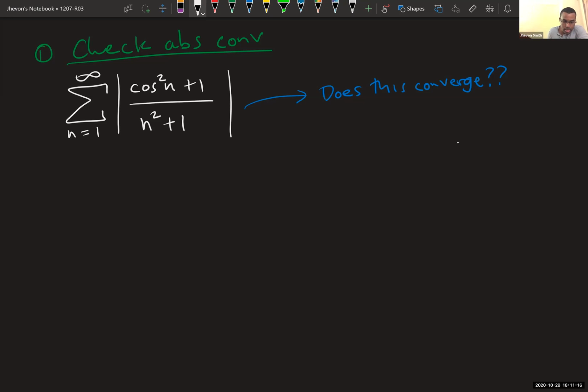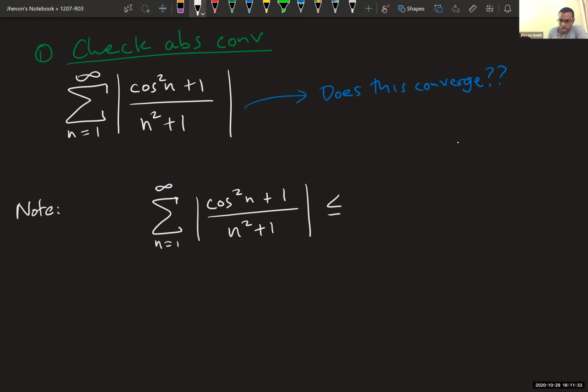How can I bound that? It'll be between 1 and 2. Right, the numerator is going to be between 1 and 2. In particular, it's going to be less than or equal to that, right?